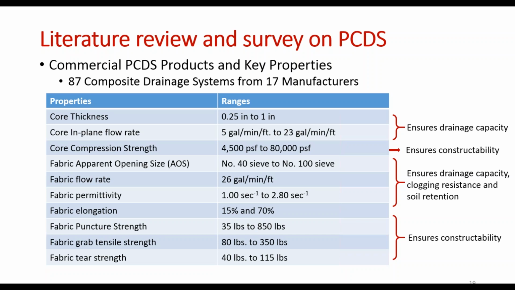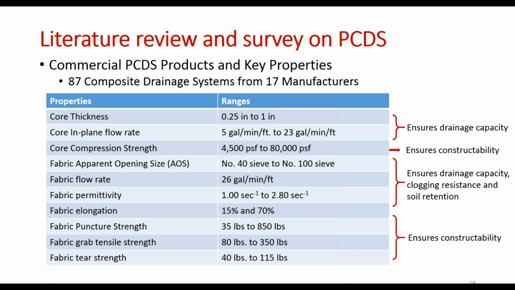The first one is hydraulic properties, including, for example, the apparent opening size, which is the largest pore size on the fabric, and the fabric flow rate and permittivity, which are similar measures of the drainage capacity.